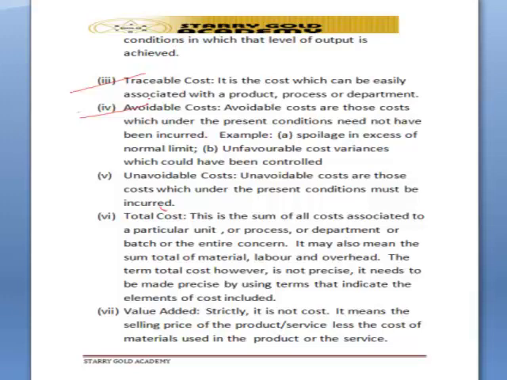It needs to be made precise by using a term that indicates the elements of cost included. For simple purposes, TC equals TFC, total fixed cost, plus TVC, total variable cost.